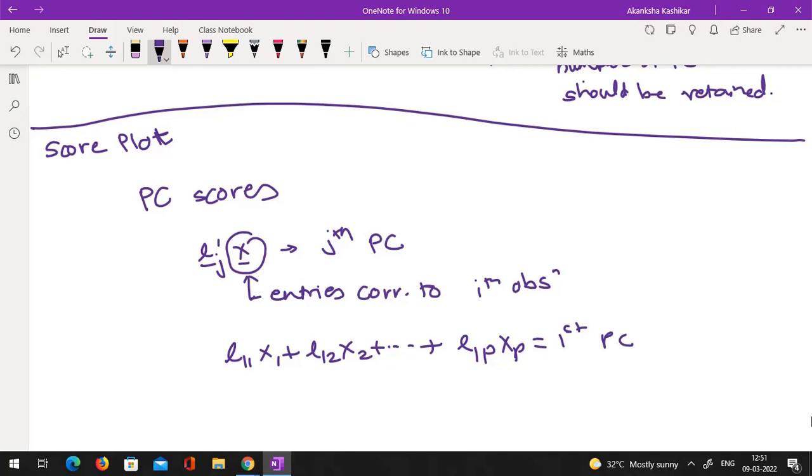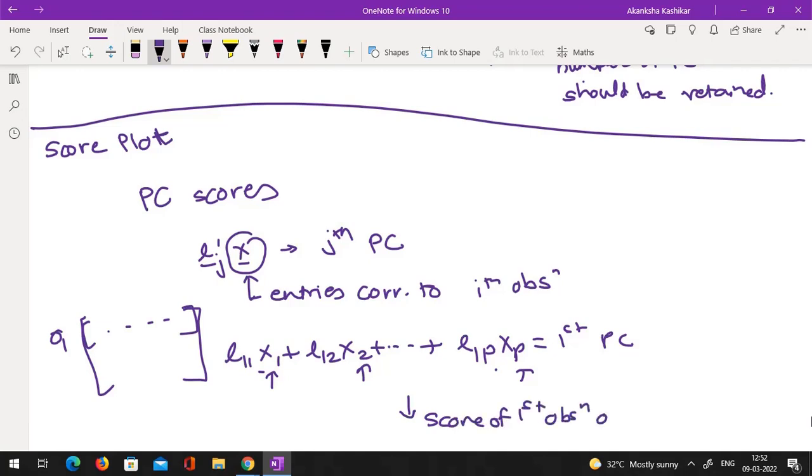Then suppose I have observation 1 whose values are given. If I substitute these actual values of observation 1, which is a row from your data matrix, and L11, L12 up to L1p are of course known because they are eigenvectors, then we get a single value known as the score of the first observation on the first PC.